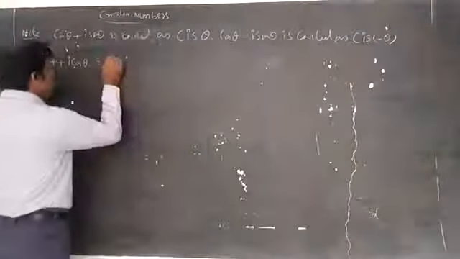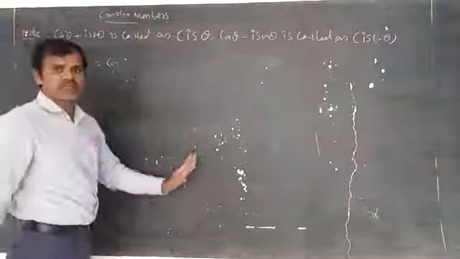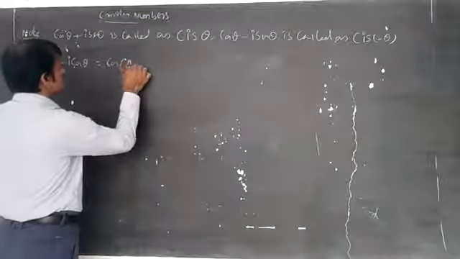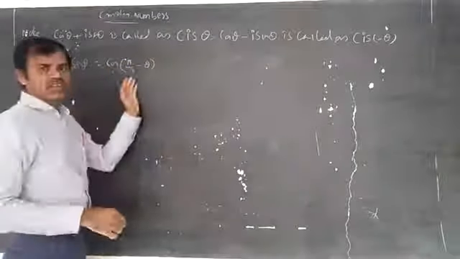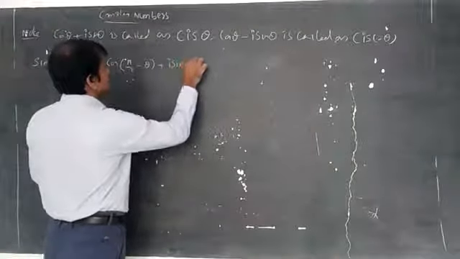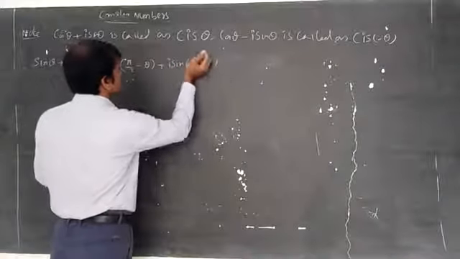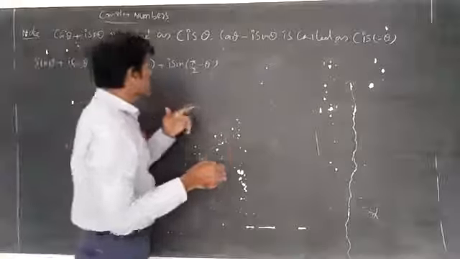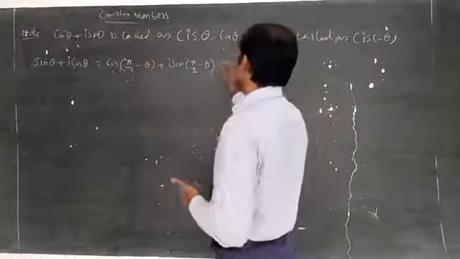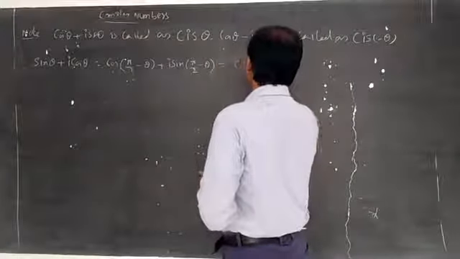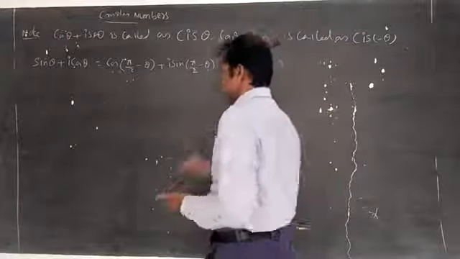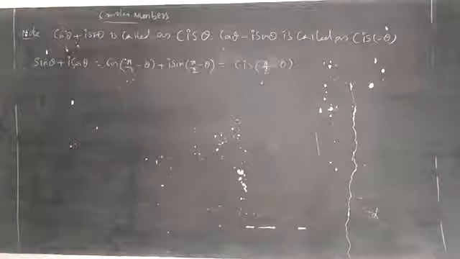So even though it is given as sin plus, you should convert sin theta into cos of pi by 2 minus theta, and i sin of pi by 2 minus theta. It is called cis of pi by 2 minus theta.